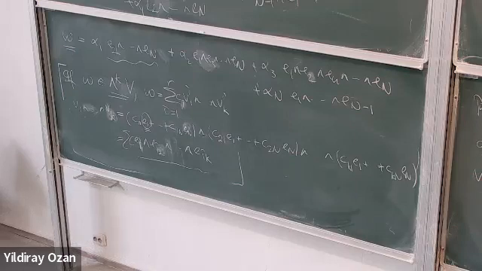Since E1 up to En is a basis, I can write it like this: A11 E1 up to A1n En, wedge product, and then the second vector can be written like this: A21 E1 up to A2n En, and up to the nth element An1 E1 up to Ann En.